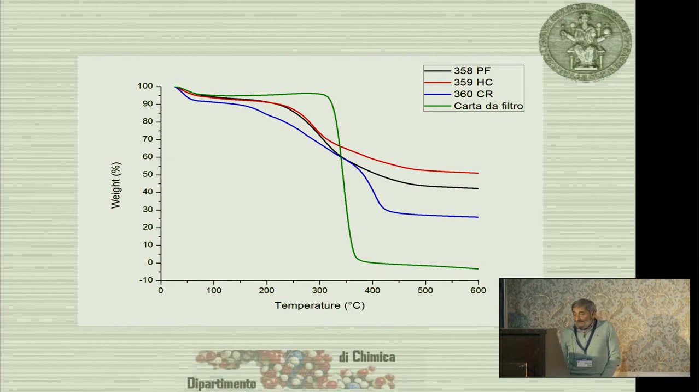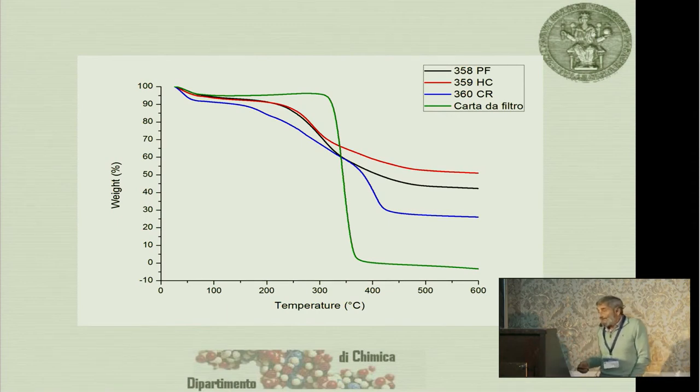In black, the lyophilized solid obtained perturbing with paper filter, and note the extraordinarily different behavior of the line of the perturbing polymer with respect to the line obtained when the solid is obtained lyophilizing the perturbing water.